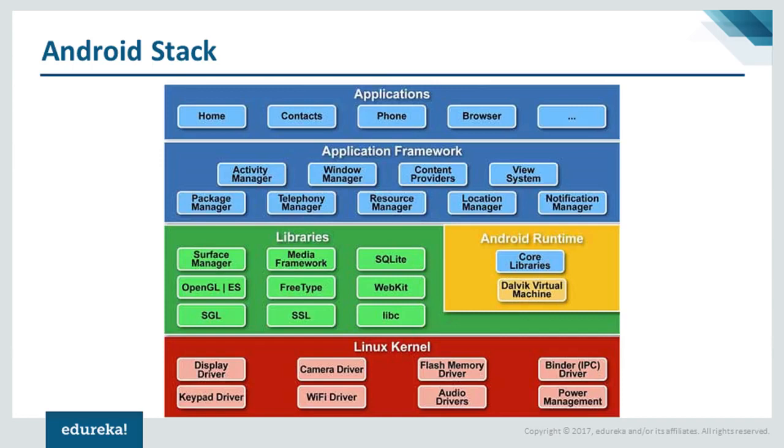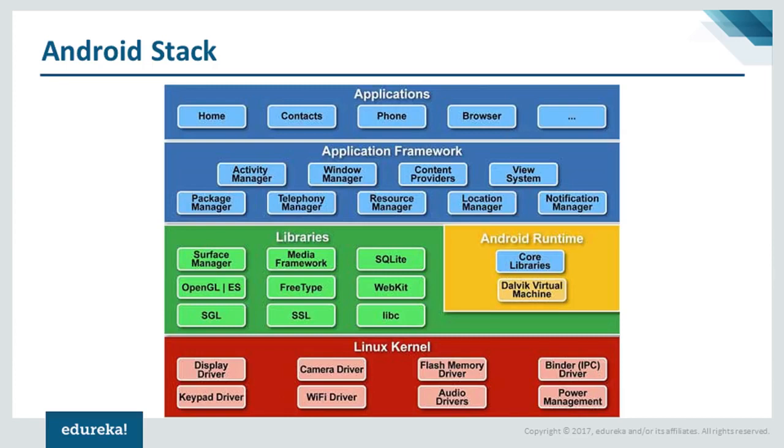So when you have to deal with your camera, the camera in turn will have a driver, and you have to talk to the driver from the libraries or from the HAL layer. There is a hardware abstraction layer. For that, in this library, you would have created the .so file.